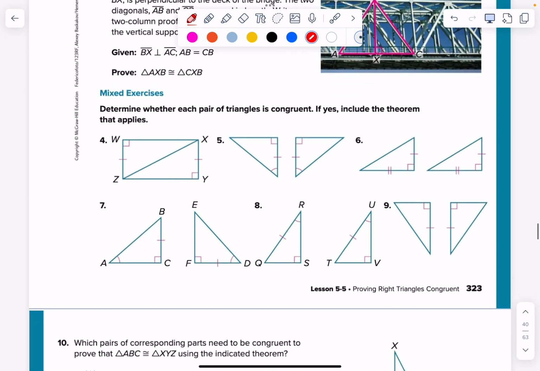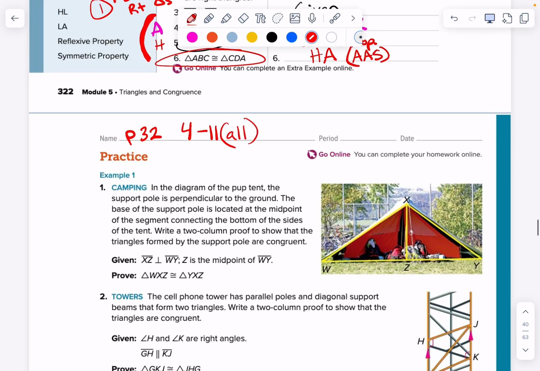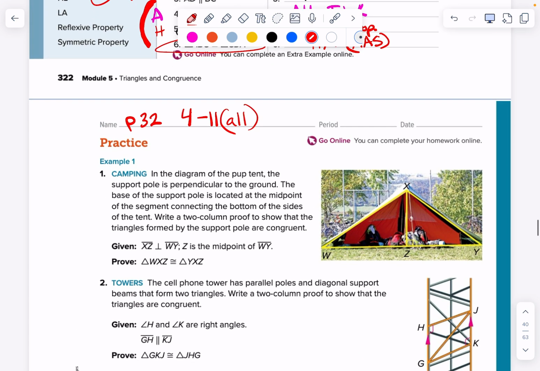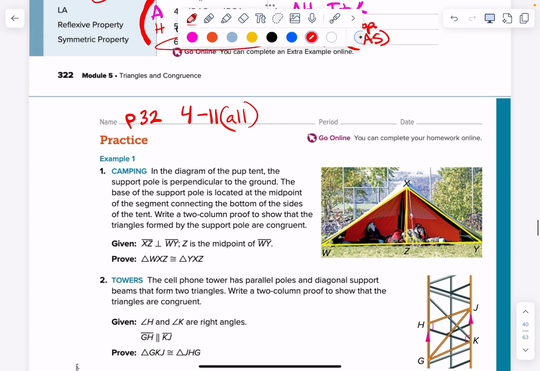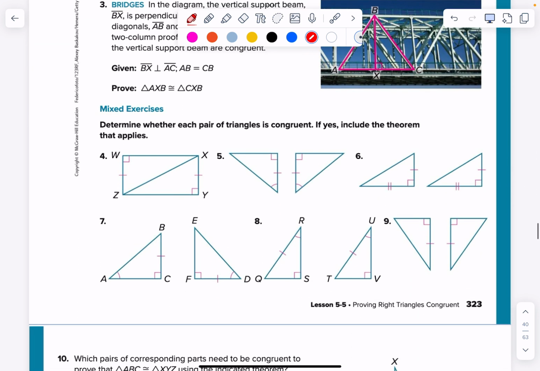That's due on Tuesday. 4 through 9 is just this. Let's look at number 4. 4 through 11 all. Okay, you only have 2 proofs.